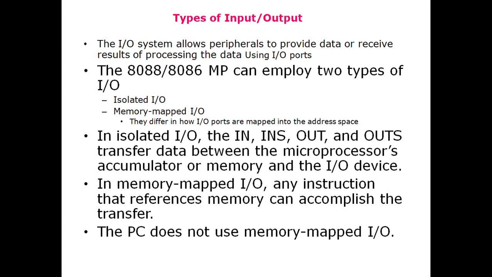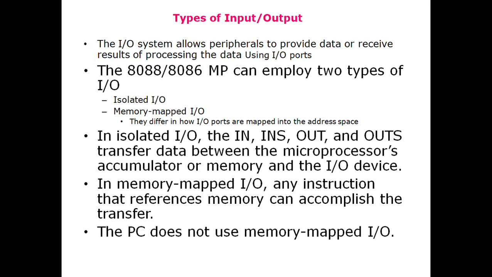There are two types of input and output device addressing. The input and output system allows additional peripheral devices to provide data or receive results of processing the data using input and output ports.